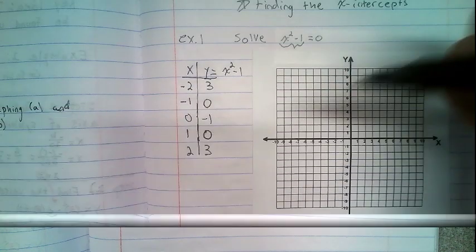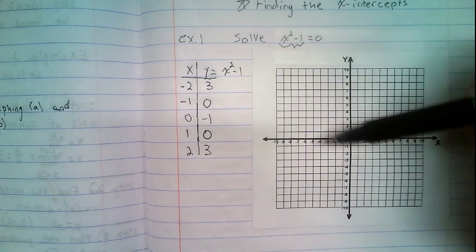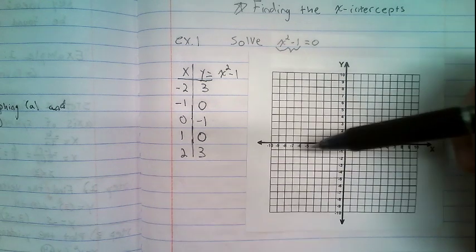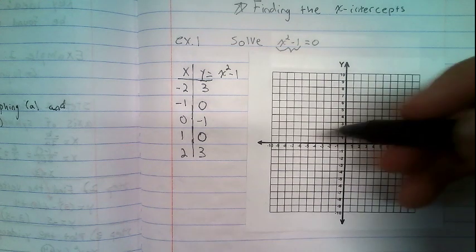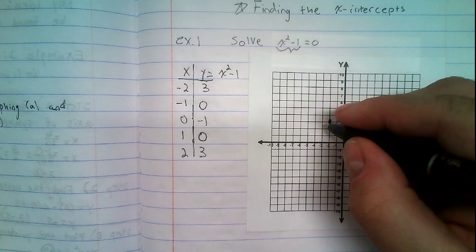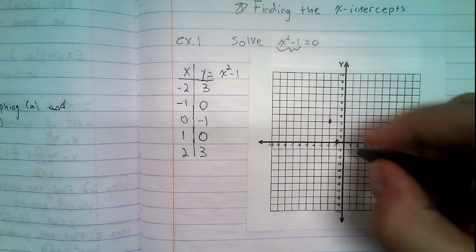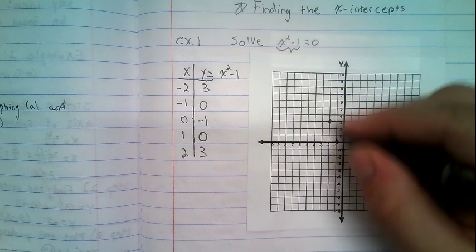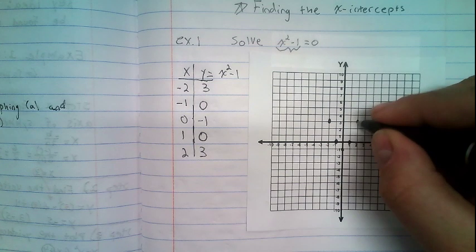Now that I have my coordinate plane, which is part of the resources for this lesson, we're going to plot these points. At negative 2, the function is 3. At negative 1, the function is 0. At 0, it's negative 1. Of course, it's symmetrical, so this point here, and then that point there. I can estimate that curve.